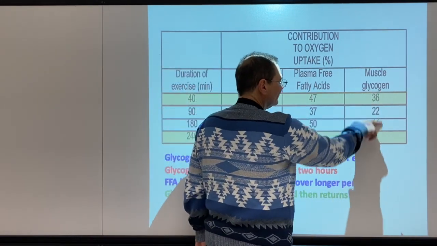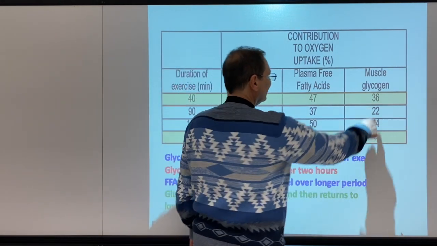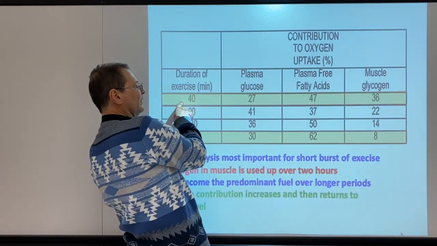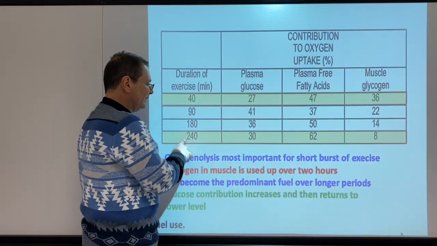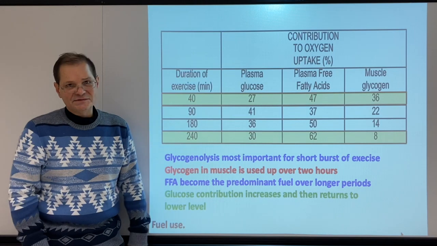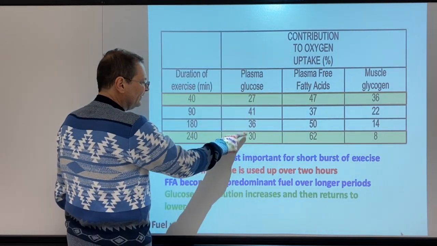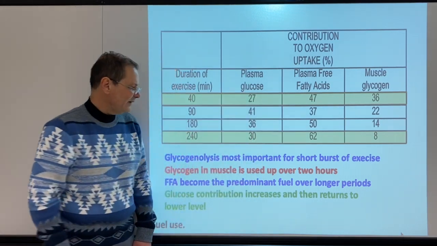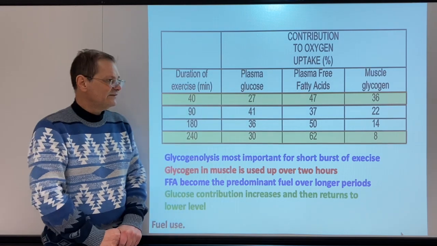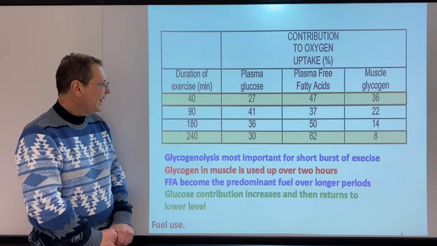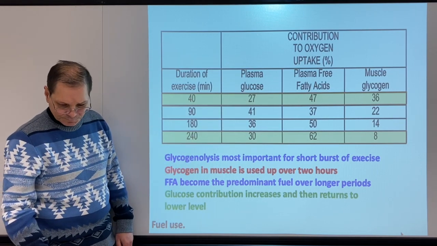On the other hand, the use of glycogen has gone down, and that's basically because you're running out of it. So you're using a lot of glycogen in the short term at 40 minutes, and that's decreased quite a bit at 240 minutes because there isn't much glycogen left. And the use of glucose increases and then decreases back down basically to the level that you started with. So it's kind of maintained more or less the same throughout, despite the increase in duration.